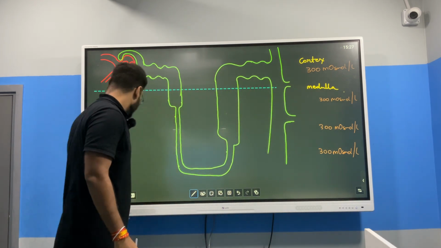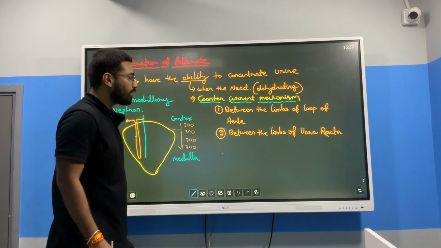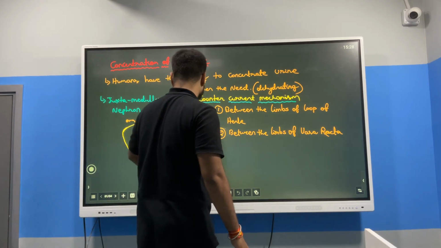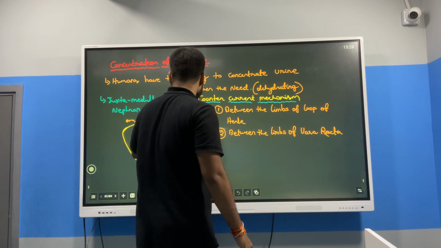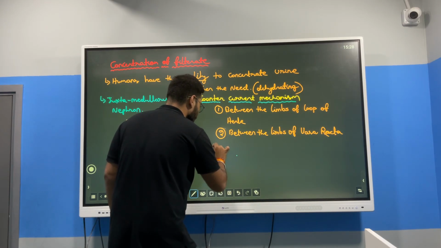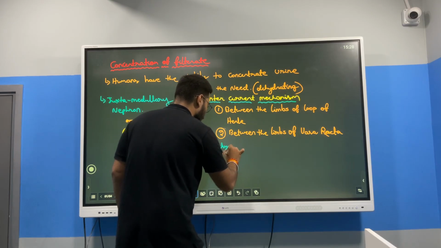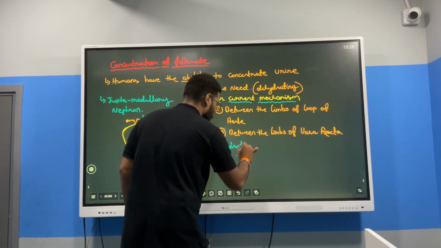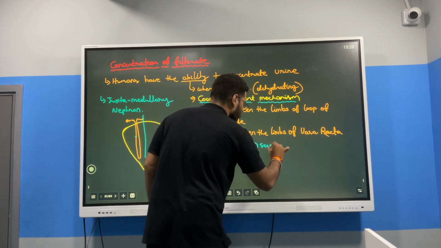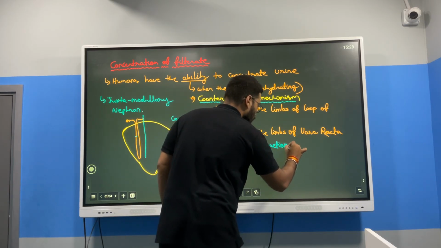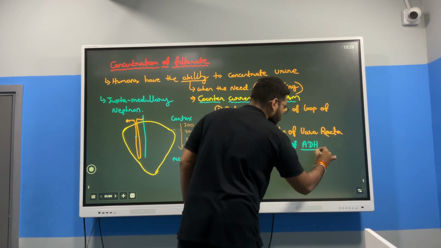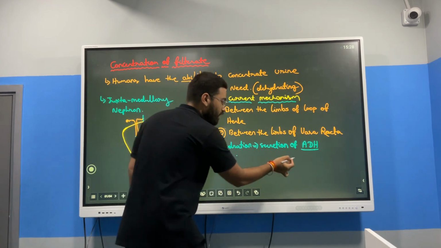Then there will be secretion of a special hormone that is known as ADH. So during dehydration, there will be secretion of ADH. What is the full form of ADH? Antidiuretic hormone. So what will they do?